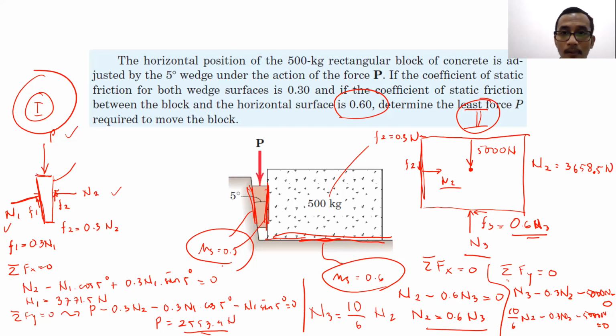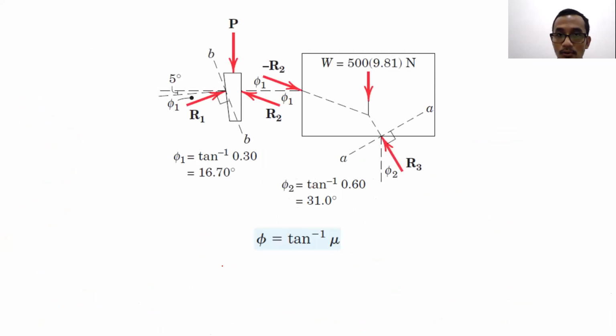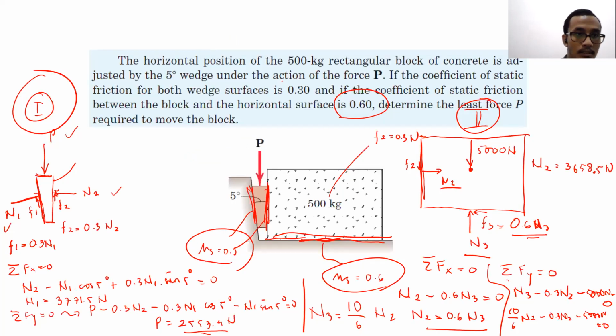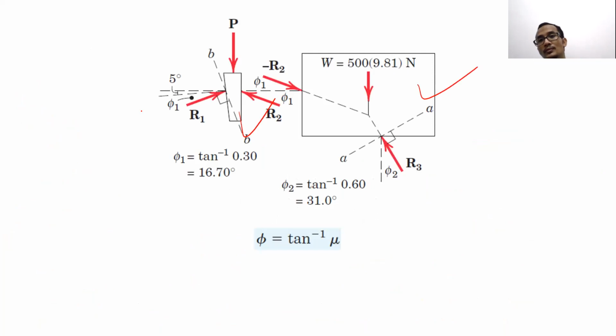So we only have one unknown for each set of normal and friction force. So you can draw it like this, or you can draw it like this. It's basically more or less the same. The result is supposed to be the same, whatever you do.